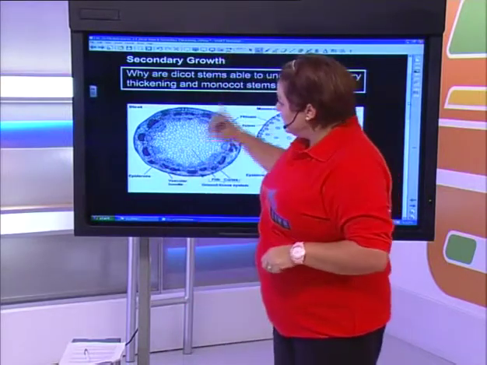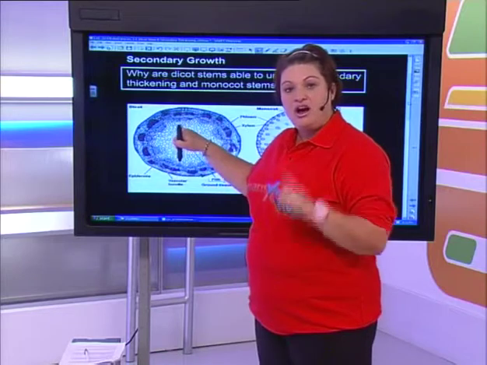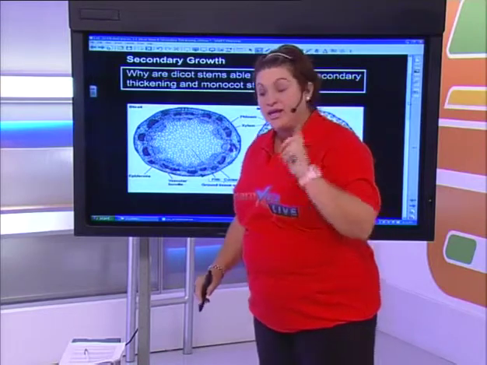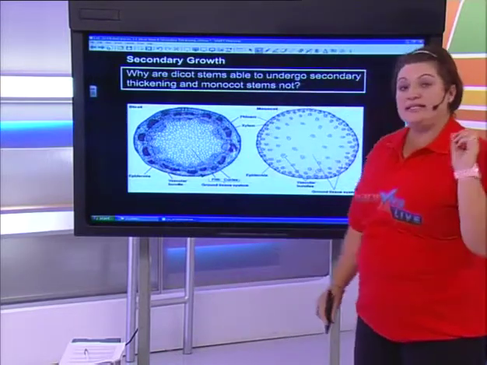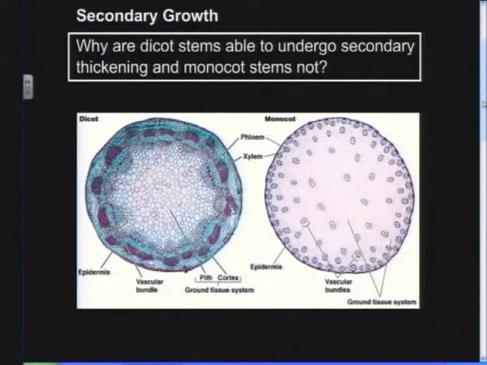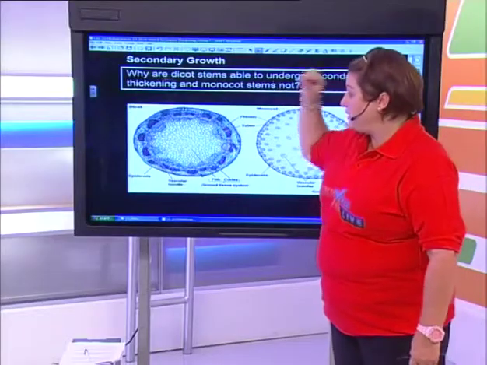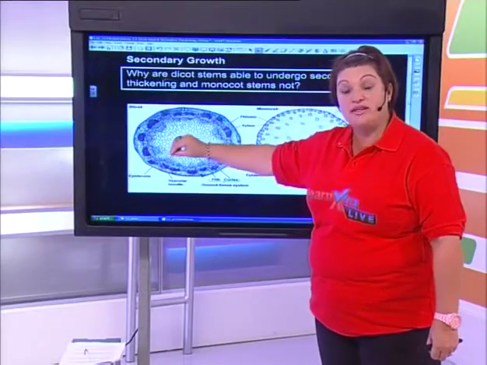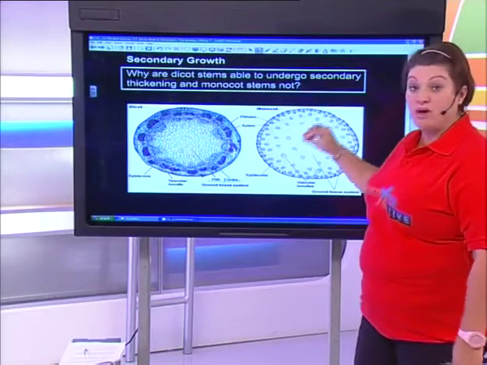Now, this is my stem of a dicot. This over here is the stem of my monocot. Although we didn't do the monocot last week, and you don't necessarily need to do it, look at why. I've put the question here. So why can dicots widen and not monocots?